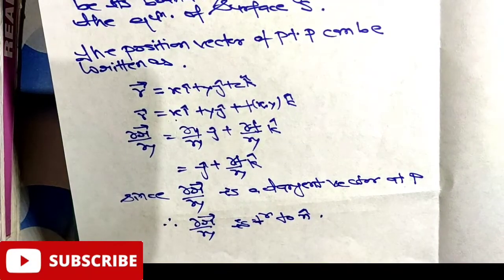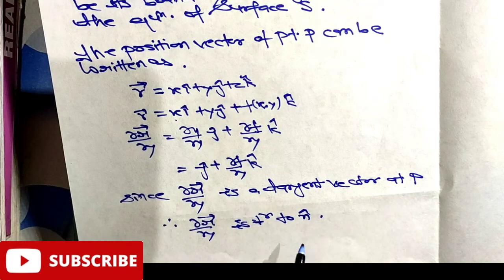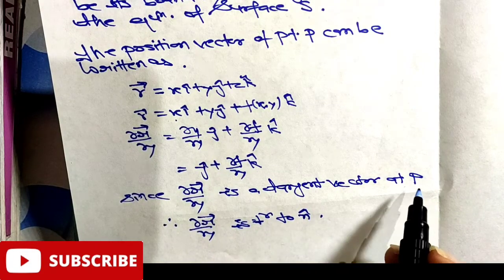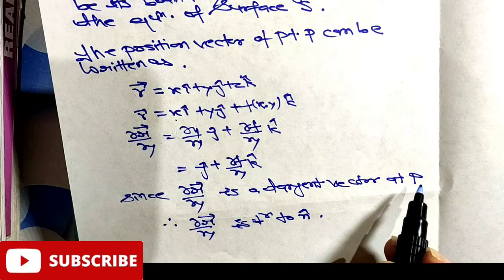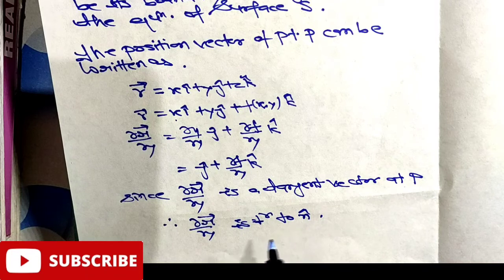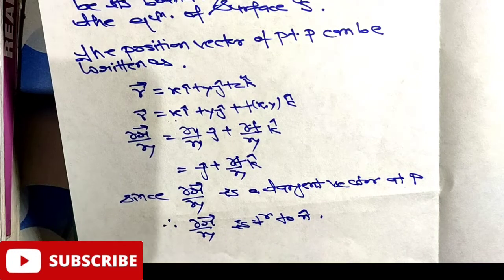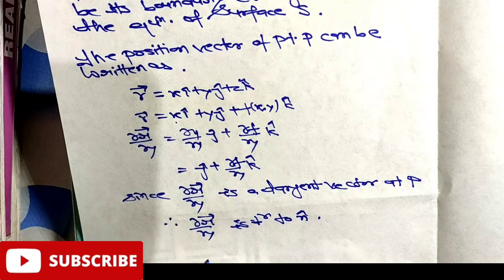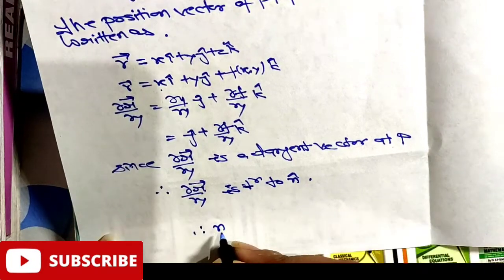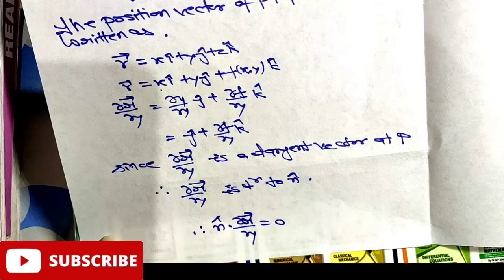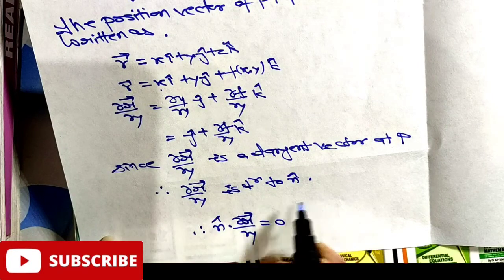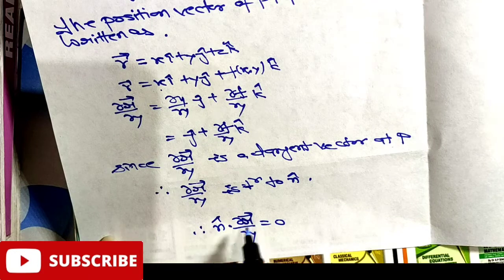So we are considering del r vector upon del y as a tangent vector at point P. If any vector is tangent at point P, then the unit normal vector at point P is n cap, which is perpendicular to this tangent vector. So n cap dot del r vector upon del y is equal to 0. Okay, because both are perpendicular to each other, so the dot product becomes 0.